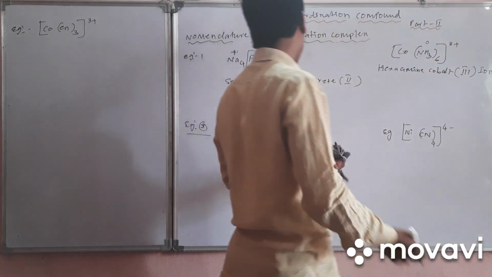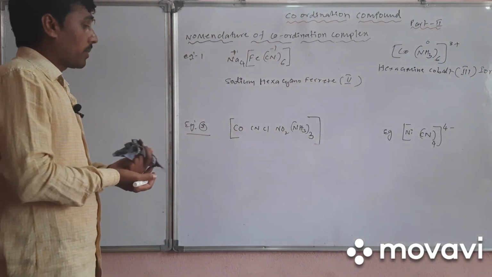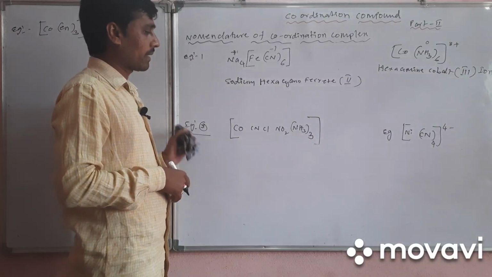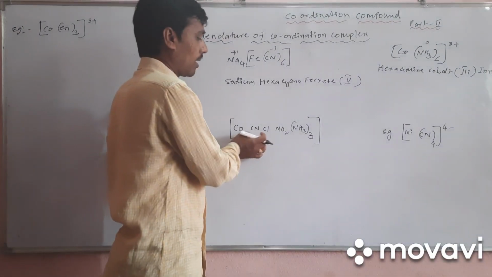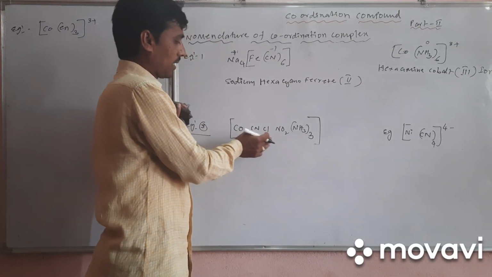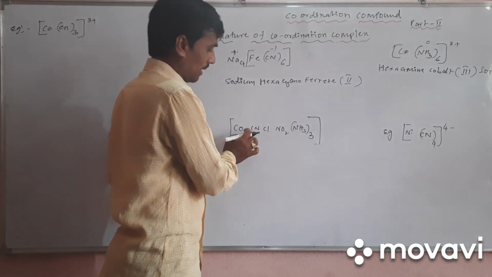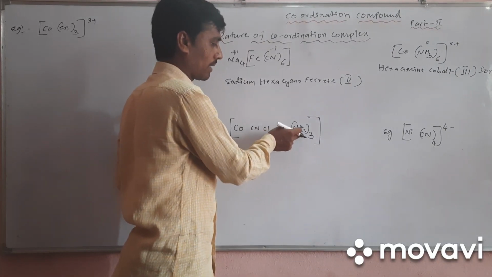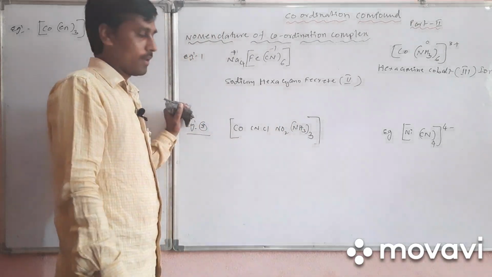Next, if the complex compound has more than one kind of ligand, we use alphabetical order. Observe carefully: this is the cyanide ligand, this is the chloro ligand, this is the NO2 ligand, this is the ammine ligand.